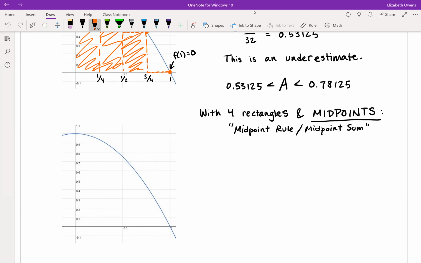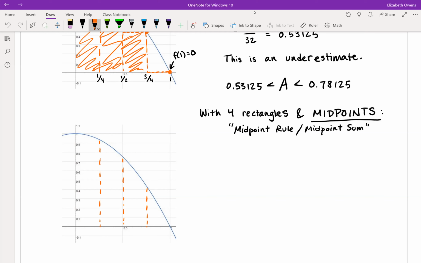All right, let's sketch out our rectangles. Gonna set it up with 4 rectangles again, just to keep the number of rectangles uniform here. All right, we've still got that. So each one is still a 1/4 unit wide.